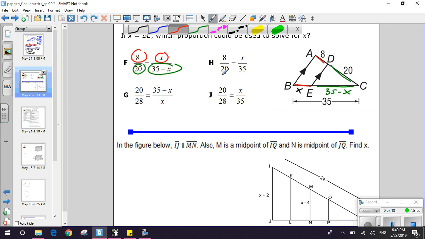So as long as the color coded pieces are in the same location of the fraction, then it's okay. So in other words, I could have written it as 8 over x equals 20 over 35 minus x as well.